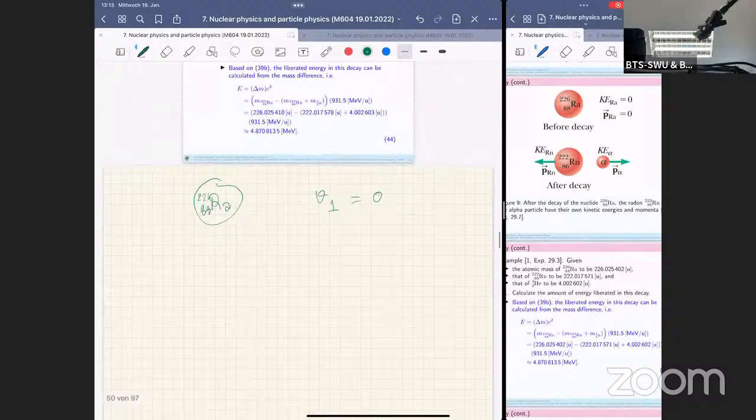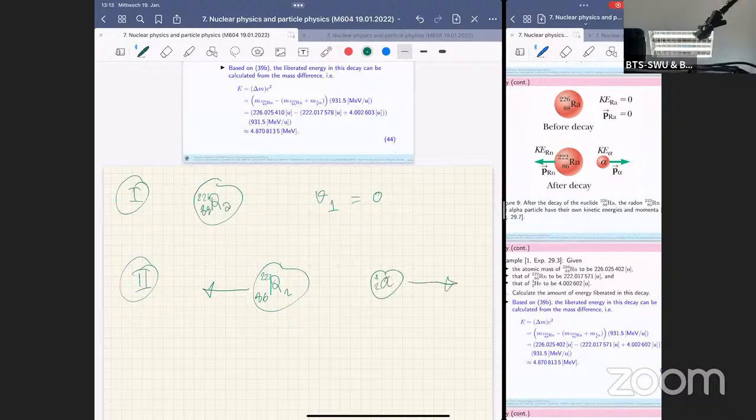And this is state number 1, state number 2, and you have radon 222 and 86. Let's say it moves in this way, and the alpha particle 4, 2 is moving to the right-hand side. Both are moving in opposite directions.